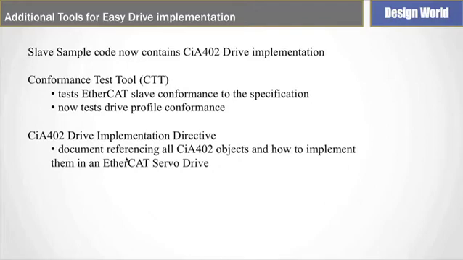And for those device vendors, there is a CiA 402 drive implementation directive that allows them to easily determine which are the mandatory and which are the optional objects, and how to implement them into an EtherCAT servo drive. So from a motion control perspective, there is lots going on with EtherCAT, and we're adding to that every day.